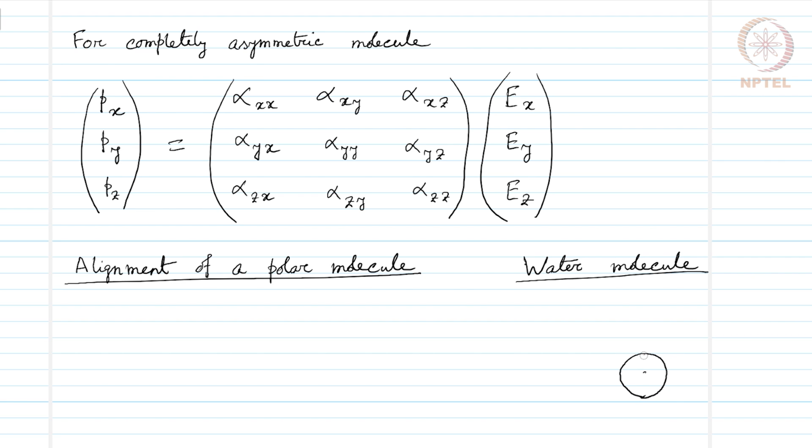This is our oxygen atom, and there are two hydrogen atoms. The hydrogen atoms we are going to color as blue. Let us consider this to be one hydrogen atom and this to be another hydrogen atom.